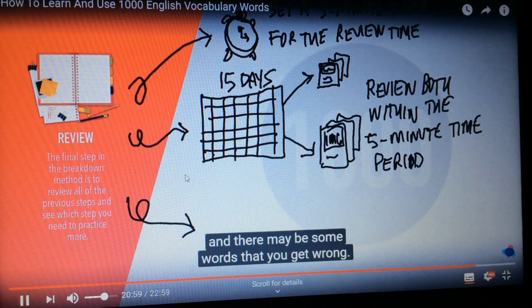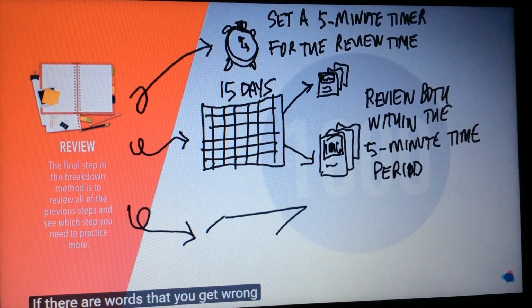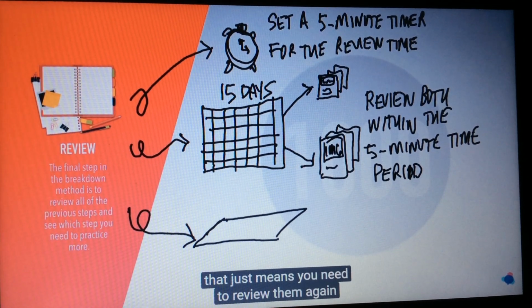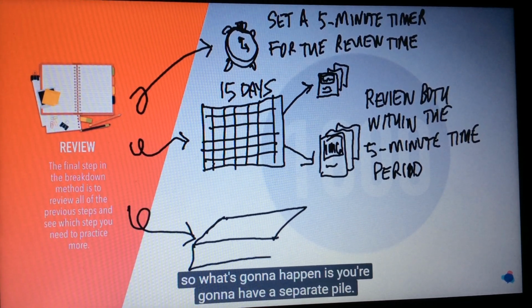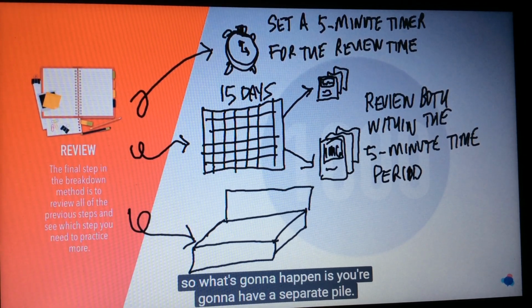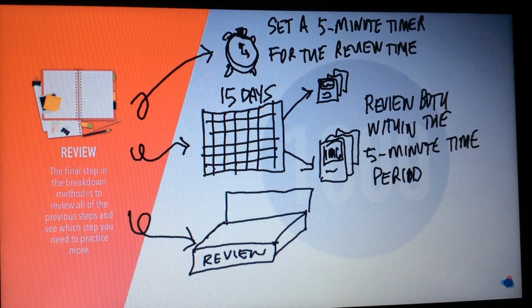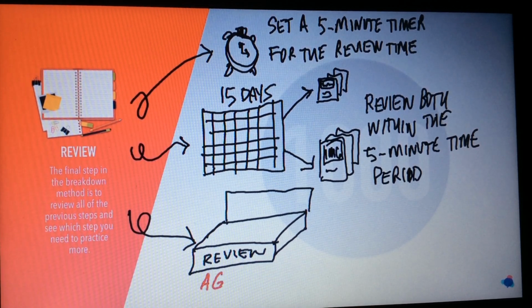And there may be some words that you get wrong. If there are words that you get wrong, that just means you need to review them again. So what's going to happen is, you're going to have a separate pile. This is the review again pile.